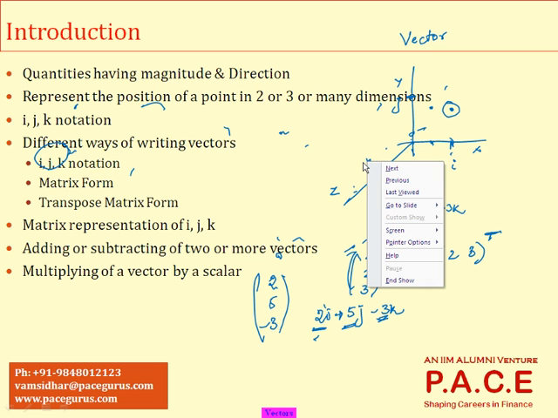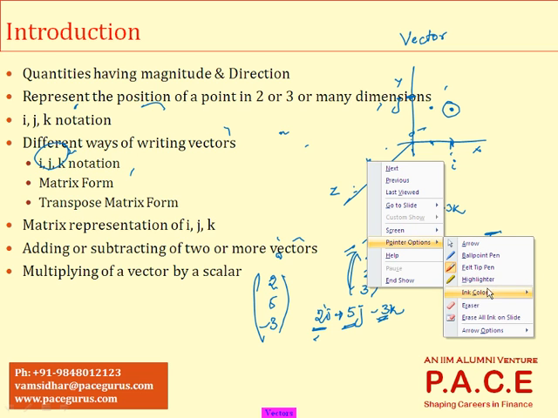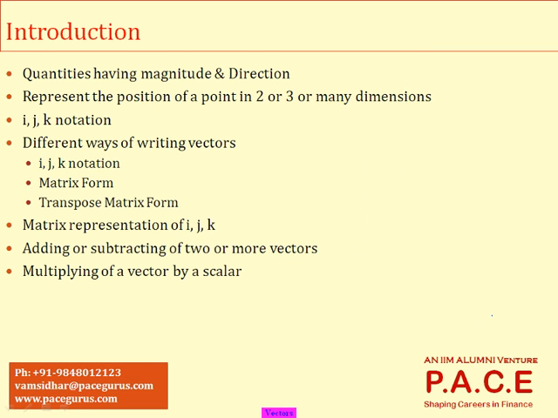Now, from an exam standpoint, the most common areas we need to be comfortable with are the addition of two or more vectors. For example, one vector in matrix notation is 1, 2, 3, and I take another vector, 4, 5, 6. These are the two vectors, which is nothing but i plus 2j plus 3k and 4i plus 5j plus 6k.